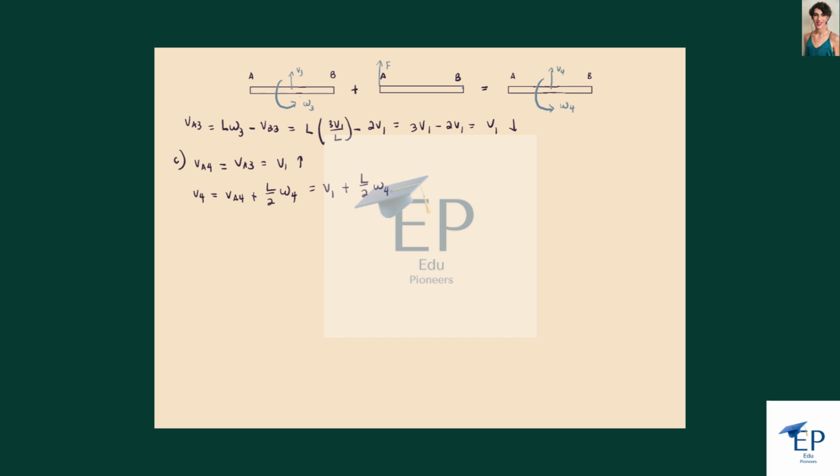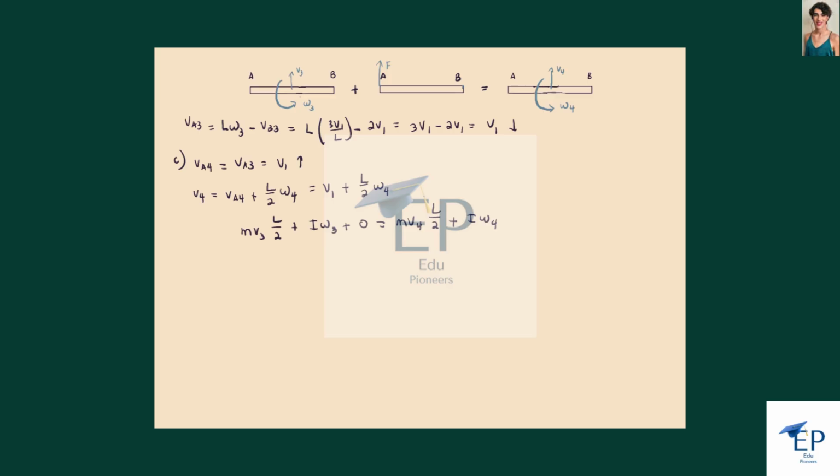Now, solving for the moments about point A and taking the counterclockwise direction as positive, we'll have m V3 L over 2 plus I omega 3 plus 0 equals m V4 L over 2 plus I omega 4.